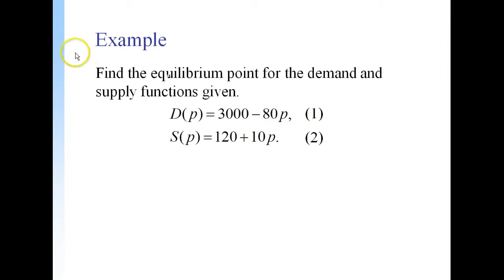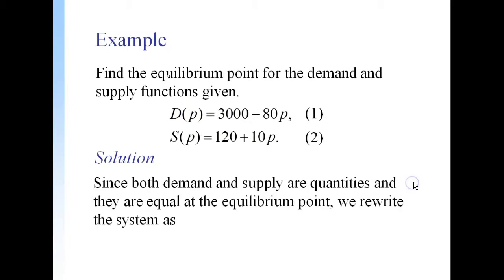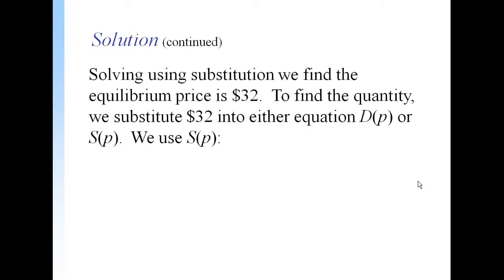But it's still, think of it as y is equal to y. So this is going to be equal to that. So here they're using substitution. I would just solve it directly.